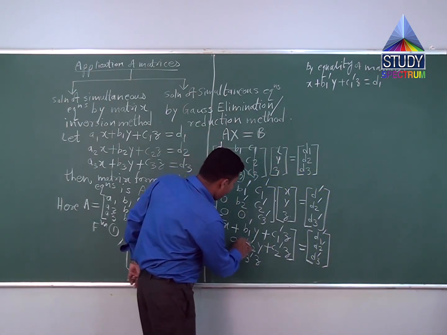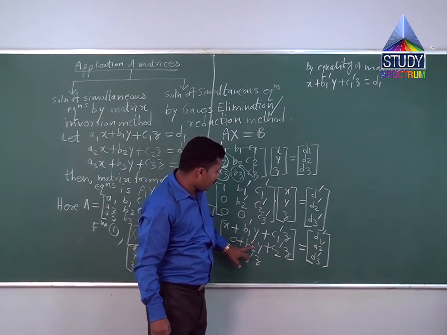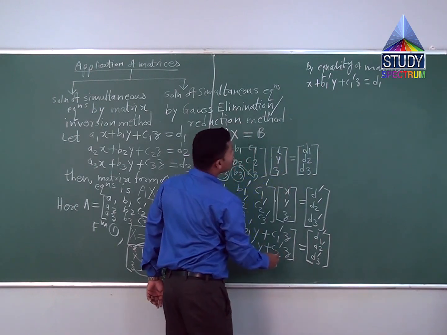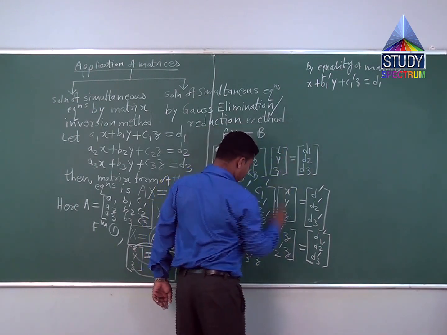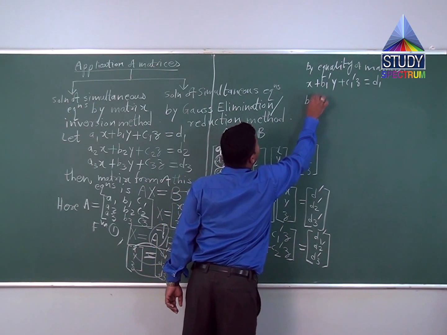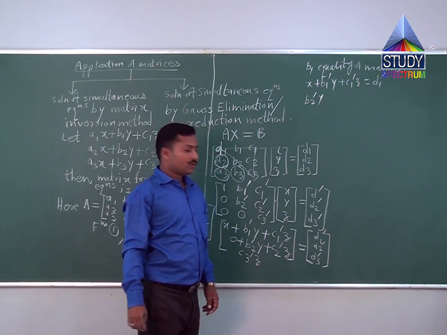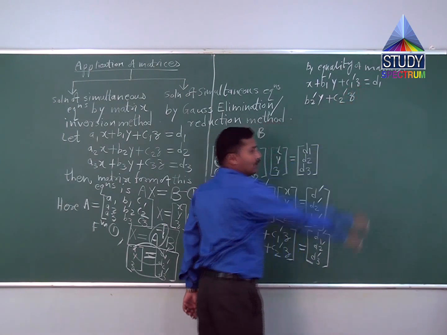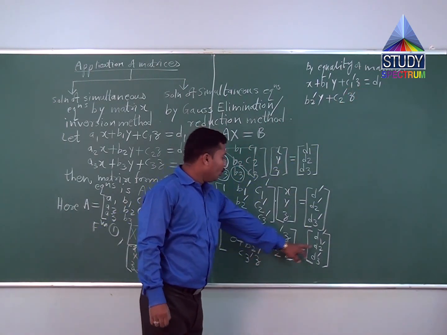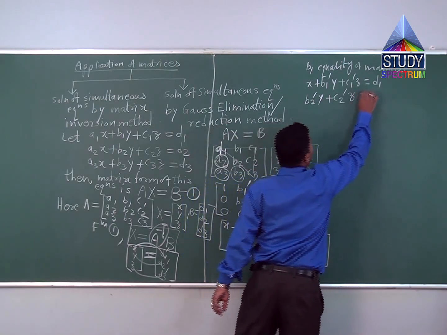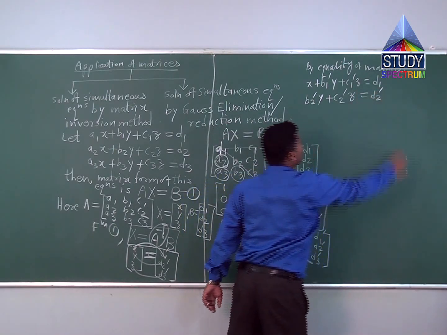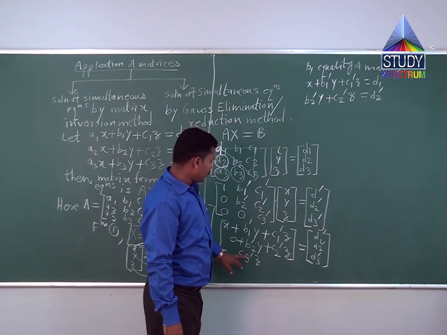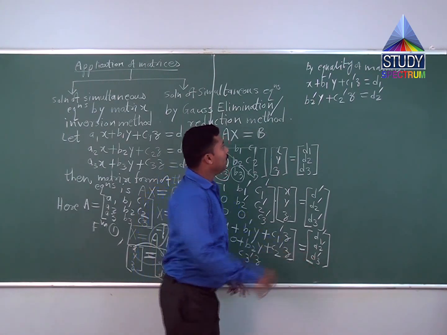Next row, 0 plus b2 dash y plus c2 dash z equal to d2 dash, and last row, c3 dash z equal to d3 dash.